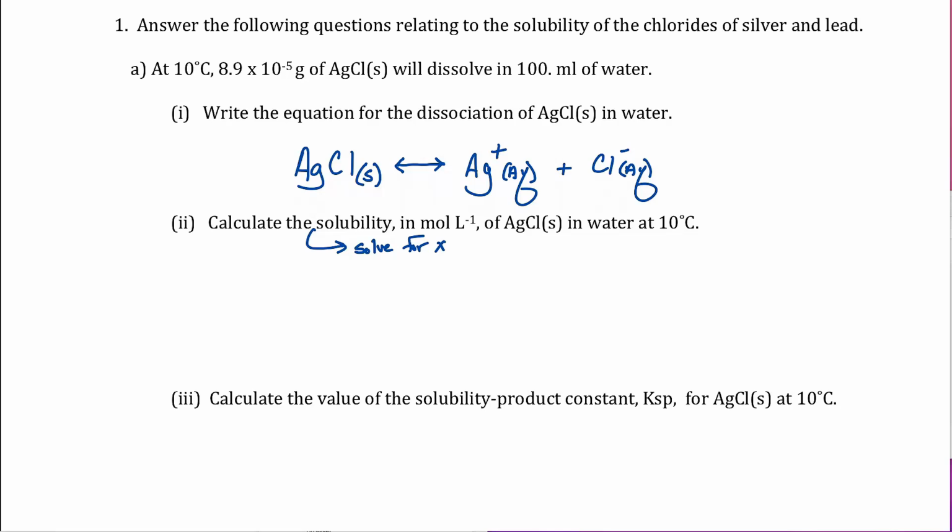Now, what they gave me in this question is how many grams actually did dissolve, and they gave me the amount of water. So that's going to reach equilibrium. Not much actually did dissolve, so that should be very interesting, that the Q reached equilibrium very quickly.